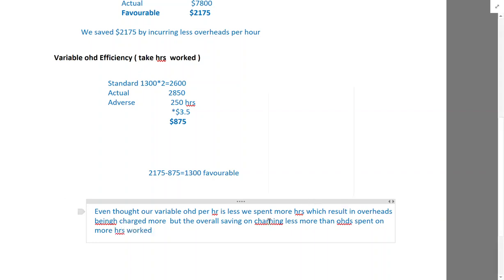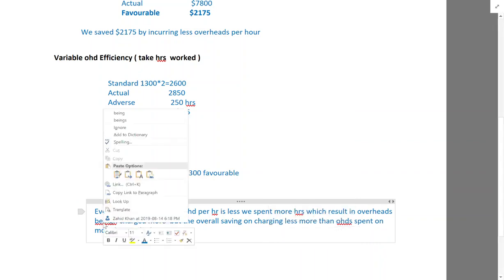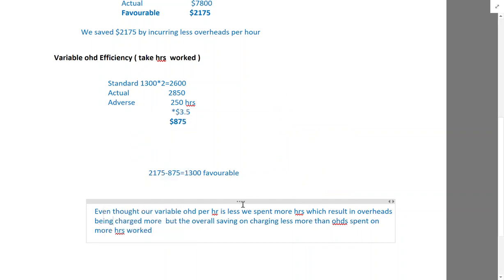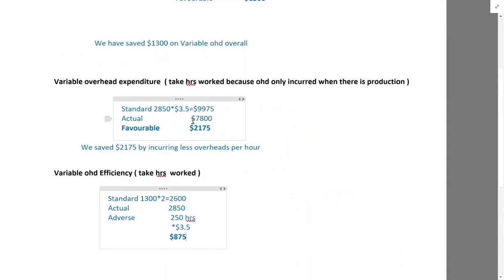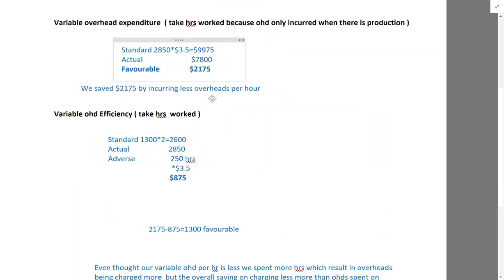So even though we charge less, because labor was working lazy, we worked more hours. Because of that, we have an adverse variance. But the adverse is less than the favorable. So that's why we have an overall 1,300 saving. Okay, does it make sense?